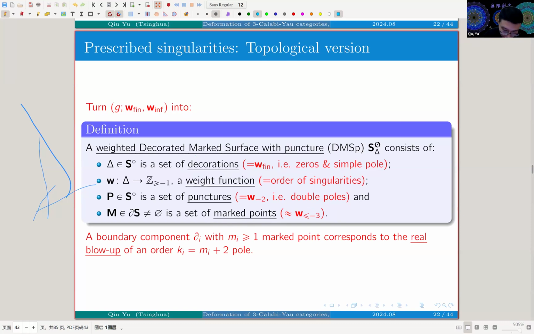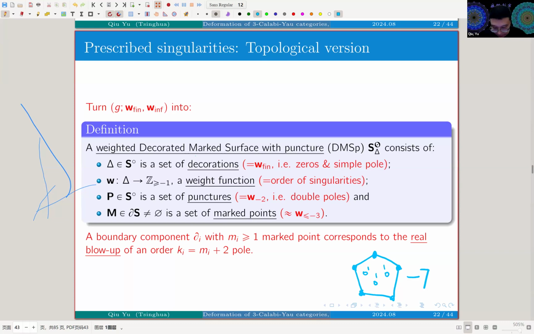Now we translate this into a decorated marked surface, say a pentagon. It has one boundary component with 5 marked points, which corresponds to a -7 pole. And maybe you tell me that there are 3 simple zeros, so you draw 3 decorations with weight 1. That's all the data you need to define a moduli space of quadratic differentials.